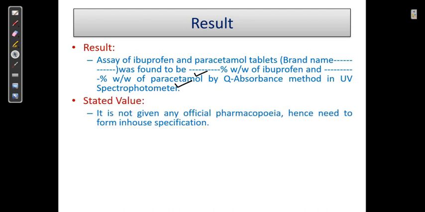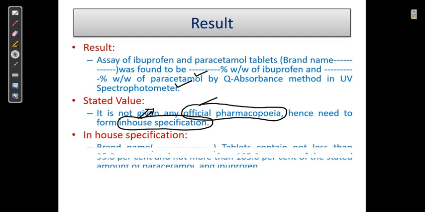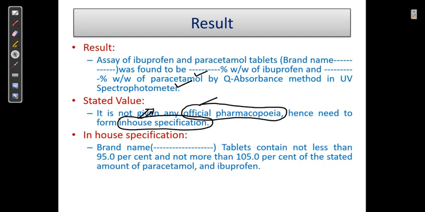Stated value: it is not given in any official pharmacopoeia. This combination is not official in any pharmacopoeia, hence we need to form in-house specifications. We require to prepare our own specifications or take them from a regulatory body. Hypothetically, I have made one in-house specification: the brand name tablet contains not less than 95% and not more than 105% of the stated amount of paracetamol and ibuprofen.